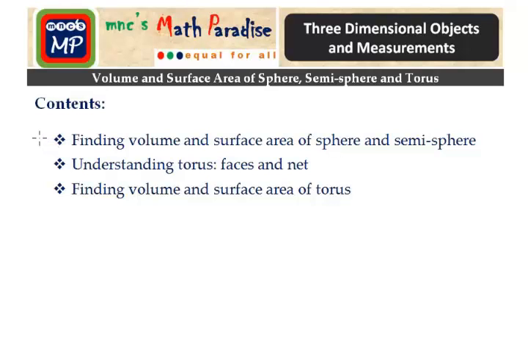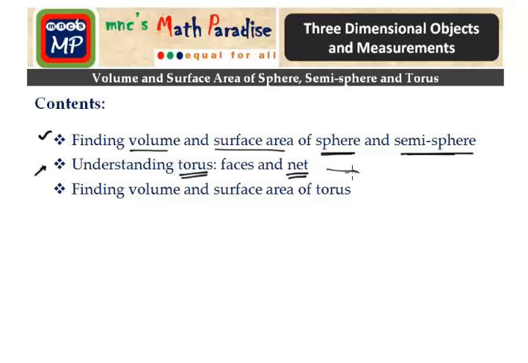In this lesson video, firstly we will learn how to find the volume and total surface area of 3D object sphere or half sphere or semi-sphere. Then we will understand another 3D object called torus, its various features, and then we will learn how to draw the net of a given torus.